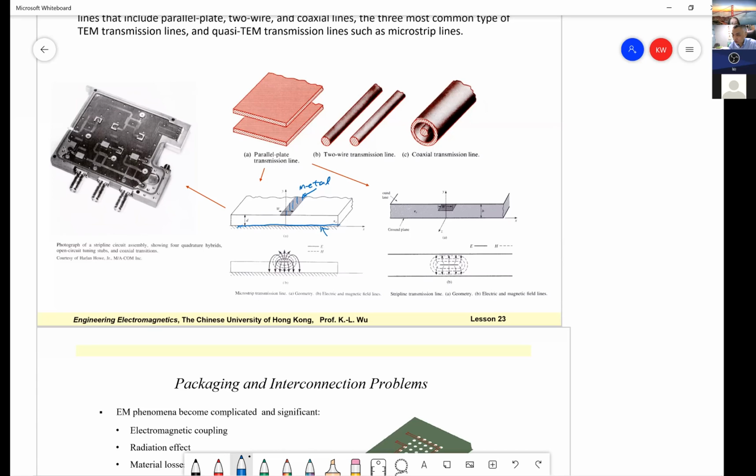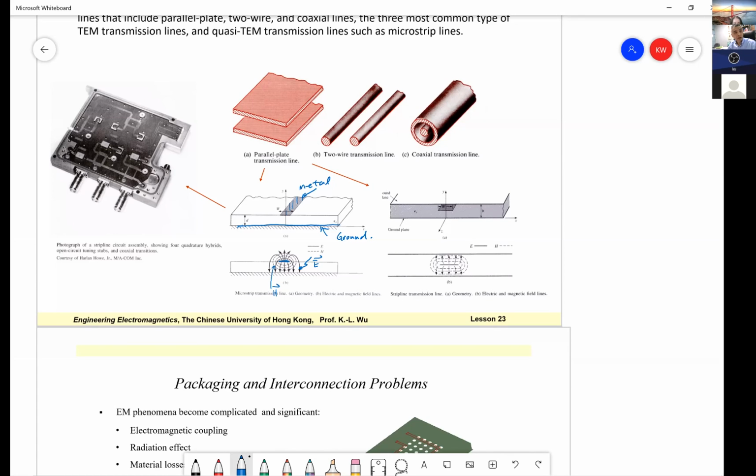So this is ground. If we look at the side view, we have a cross section. What we see is this is a trace. Then the solid line is the electrical field, and the dashed line is the magnetic field.